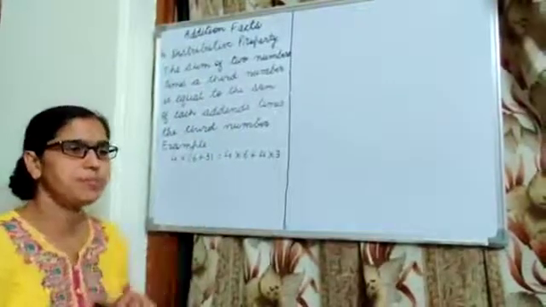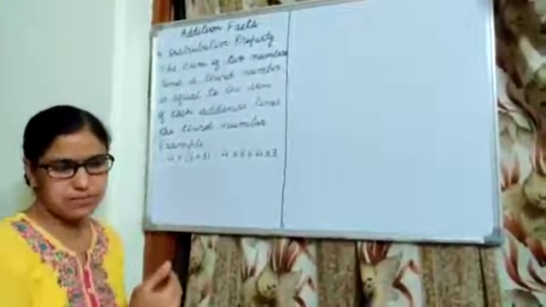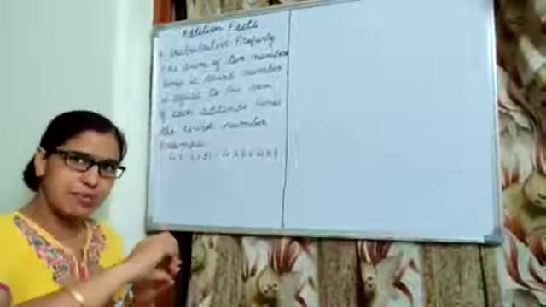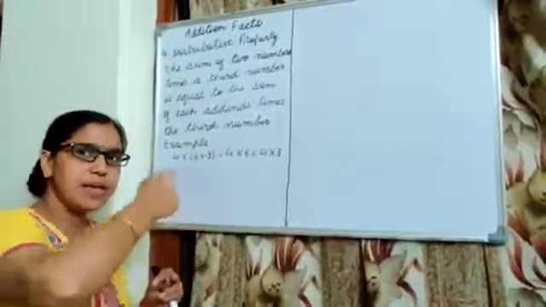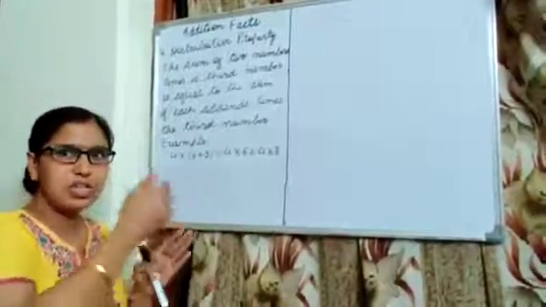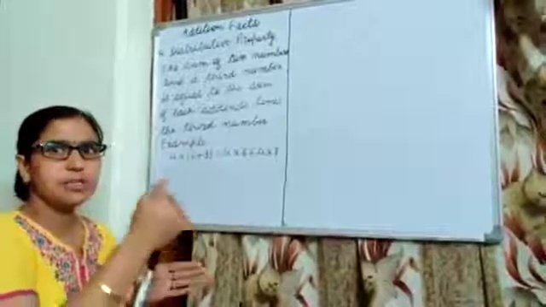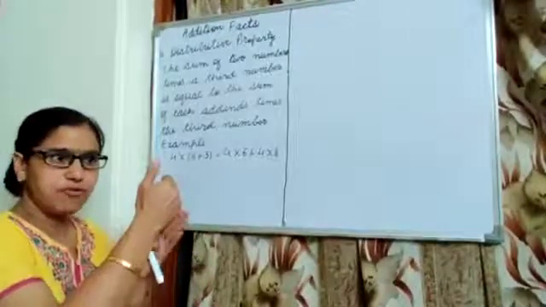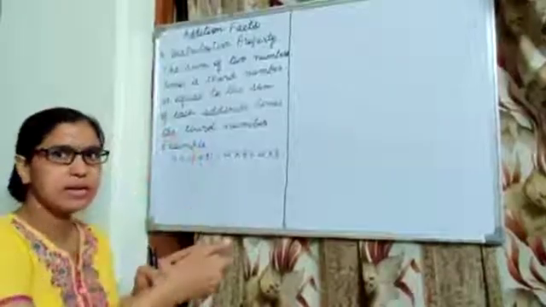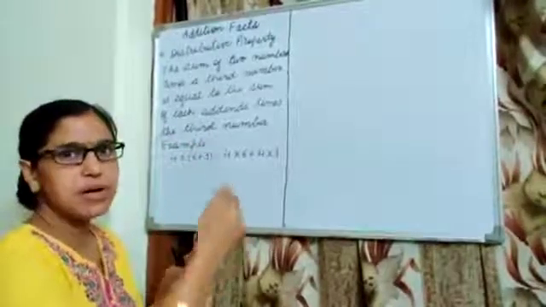Our next property is the distributive property. Distributive property means we first add two numbers, then that sum is multiplied by a third number, which is equal to the first number multiplied by the third number plus the second number multiplied by the third number.